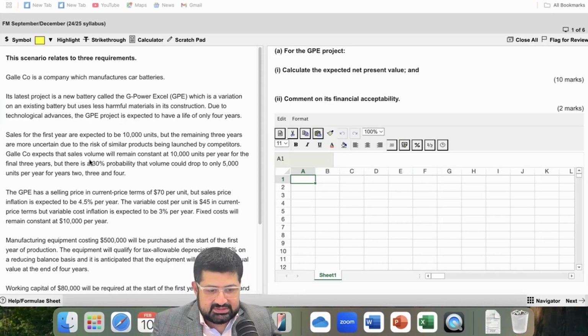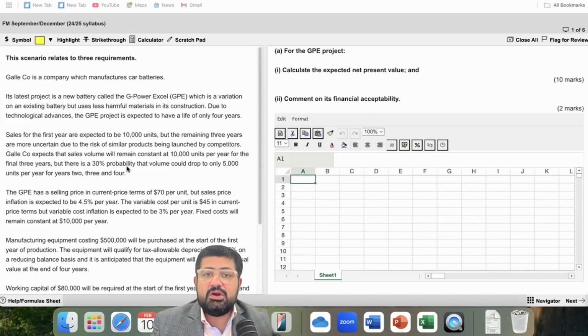G company expects that sales volume will remain constant at 10,000 units per year for the final 3 years, but there is a probability that volume could drop to only 5,000 units per year for years 2, 3, and 4.